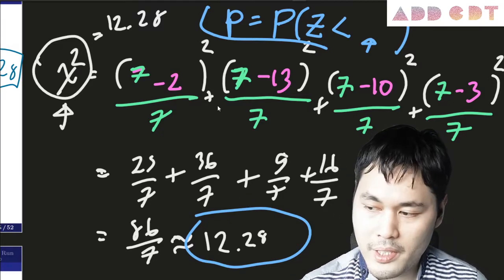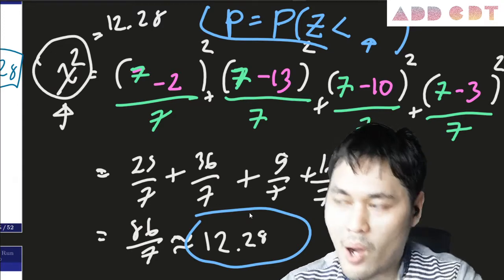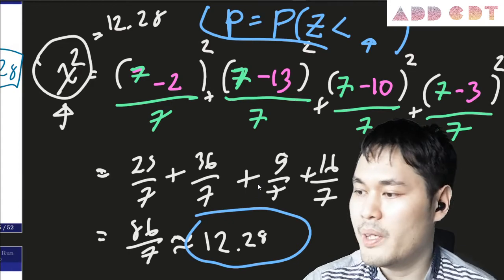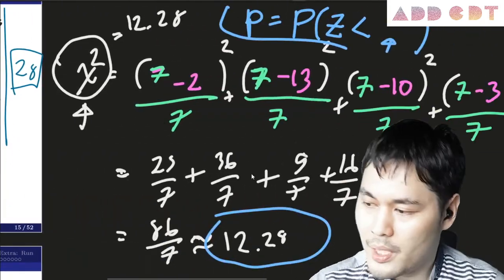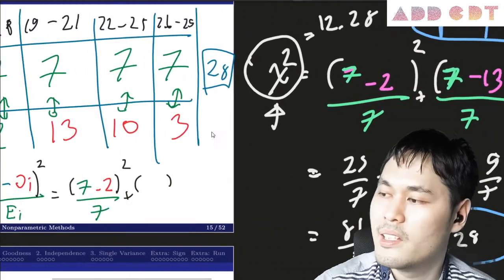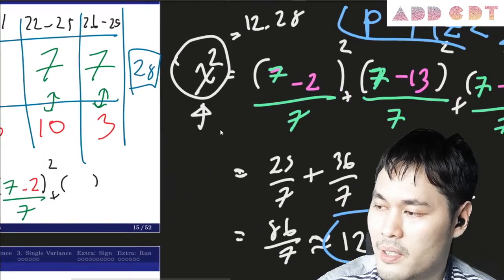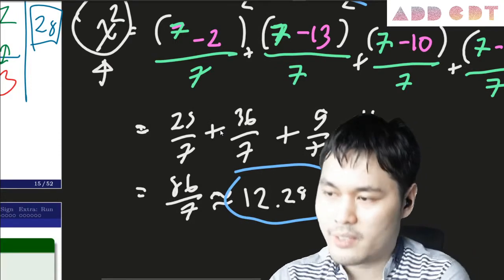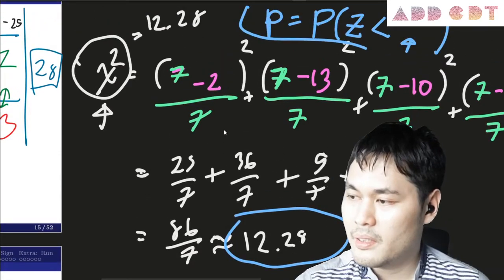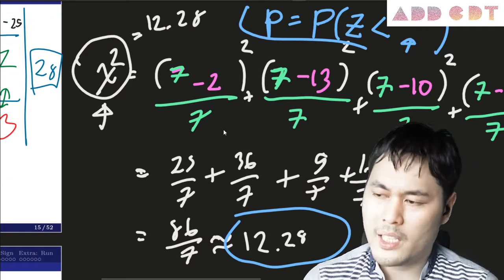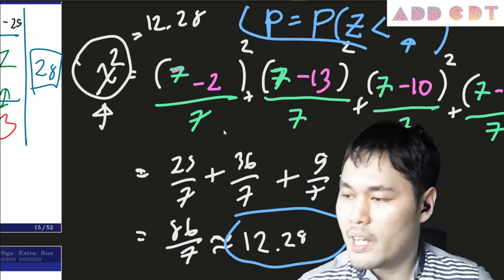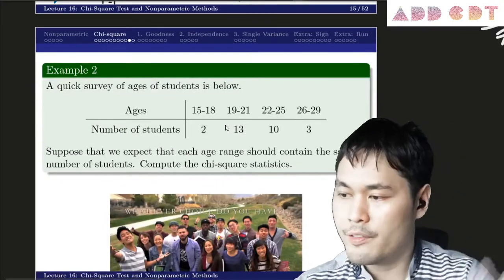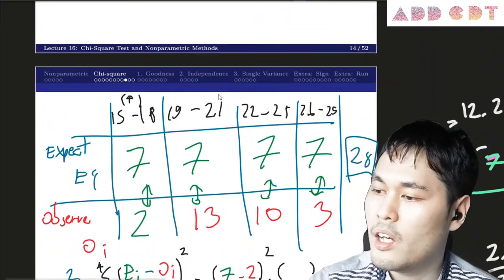The lower the number is, the more likely the survey agrees with what we have believed. But as you can see, 12 looks high, and you can intuitively conclude that the expected numbers, what we have believed, and the sample are too different, which means eventually we would reject the original hypothesis.